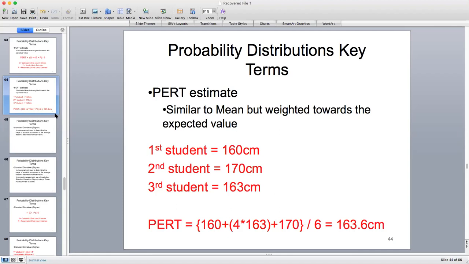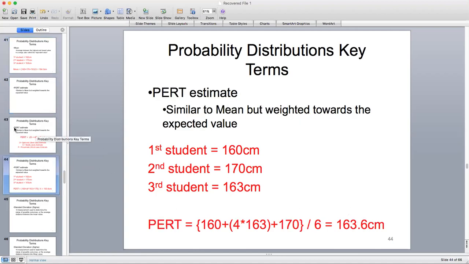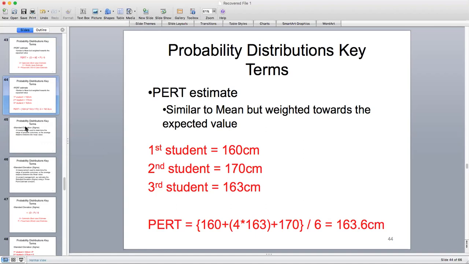And divide that by 6 is 163.6. And we can see, going back to our original triangular distribution, a slightly higher average of 164.3. This is using PERT. So you can see that our average will drop. It'll be lower as we weight more towards the expected value. Okay, so that's using a PERT estimate, which is like a project management average that's used.